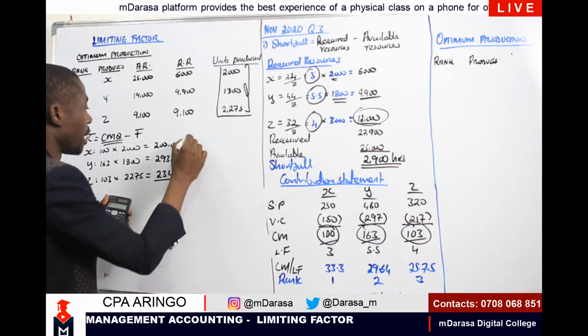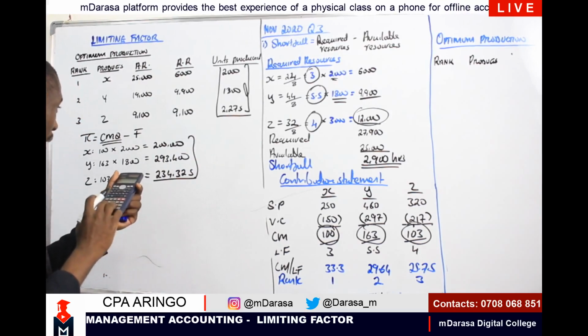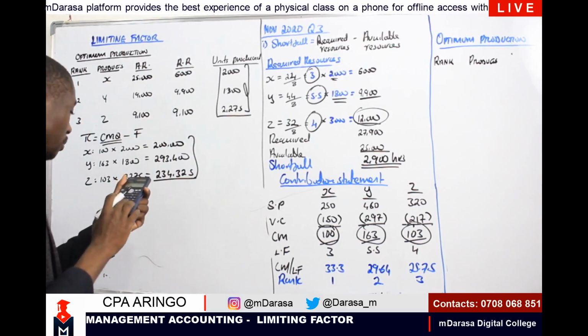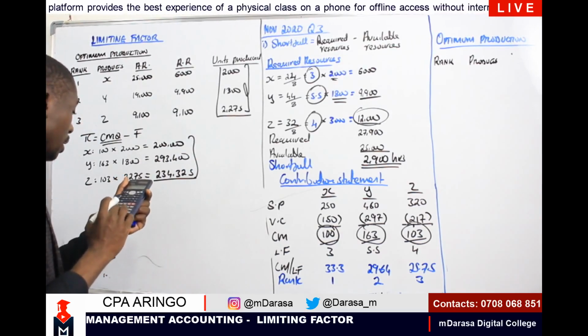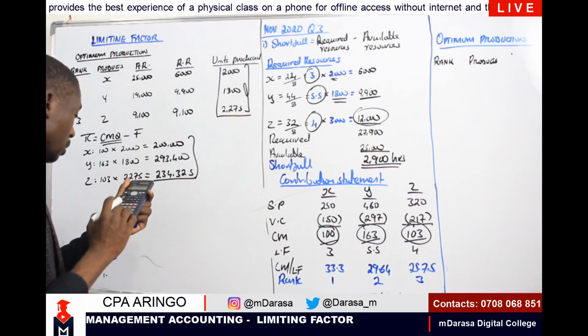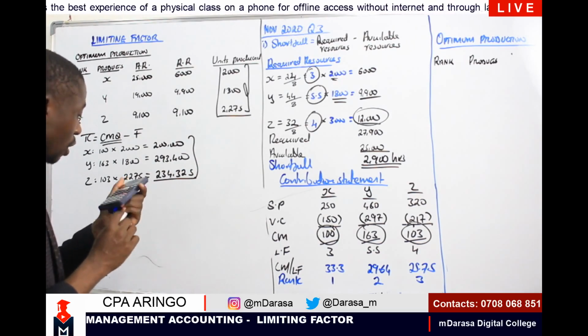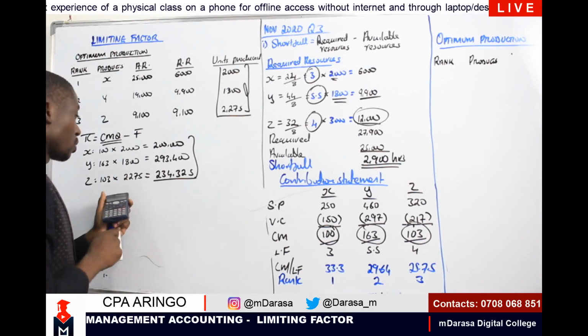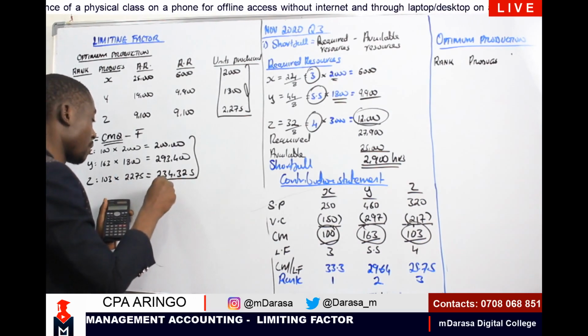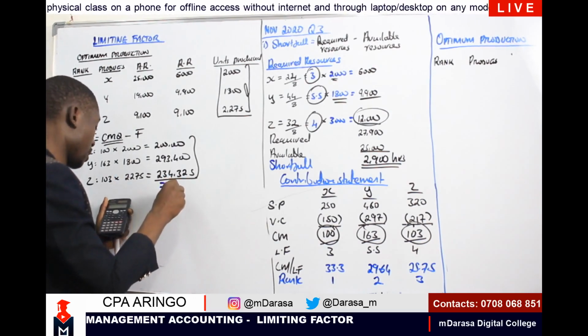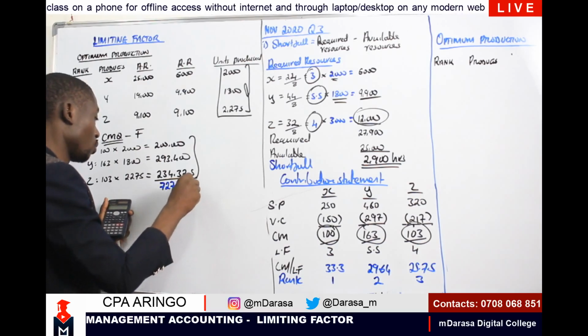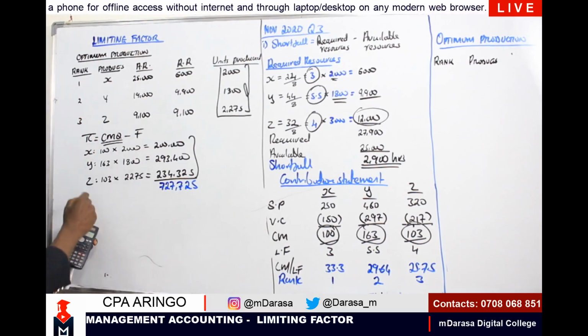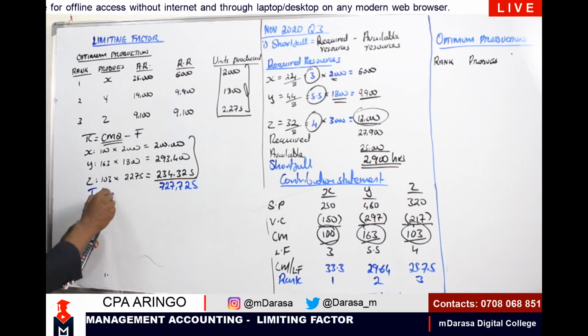So what will be our total contribution? 234,325 plus 293,400 plus 200,000 to give me a figure of 727,725, being our total contribution.